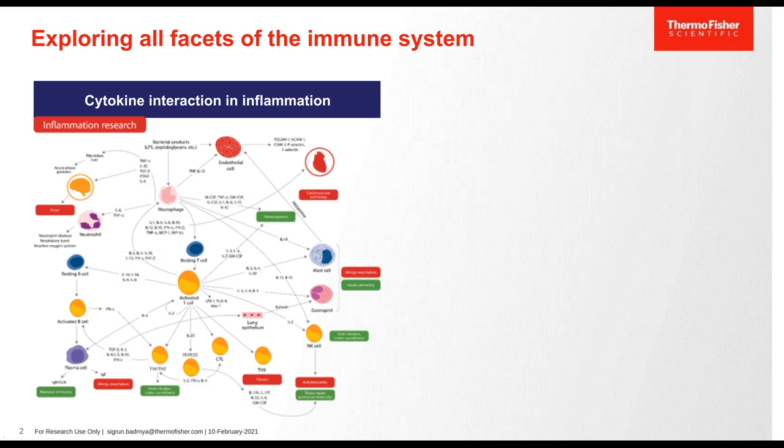As depicted in the figure on this slide, the immune system is an extensive network involving numerous cells and molecules, including a large number of cytokines and chemokines that shape local and systemic immune responses.